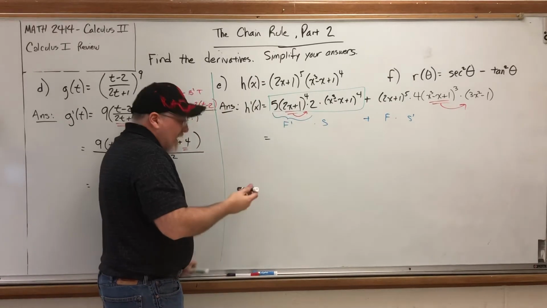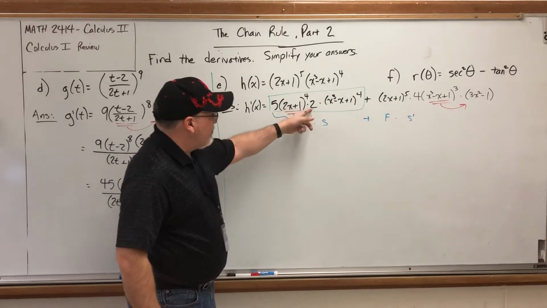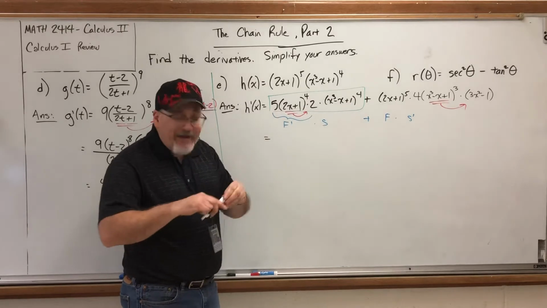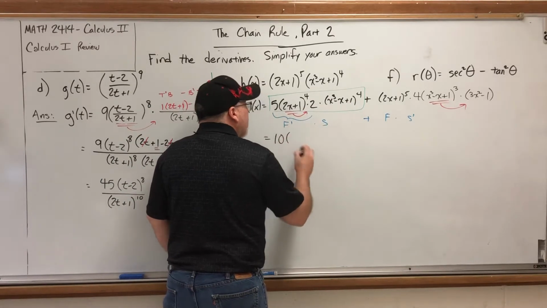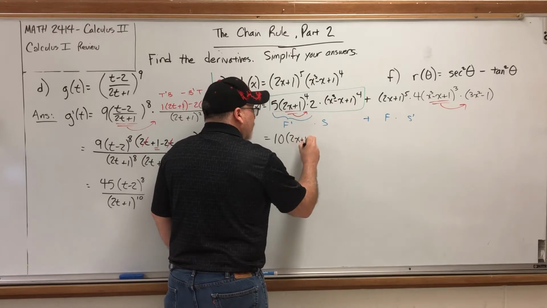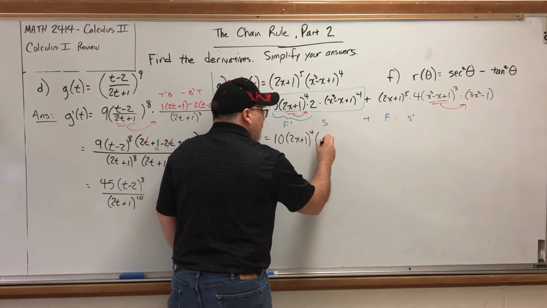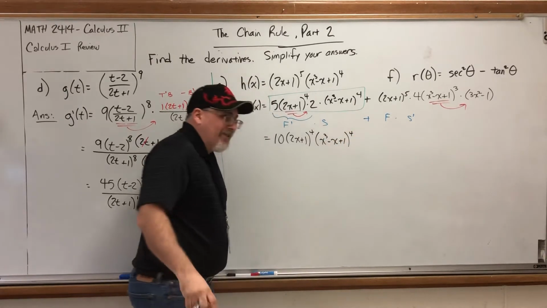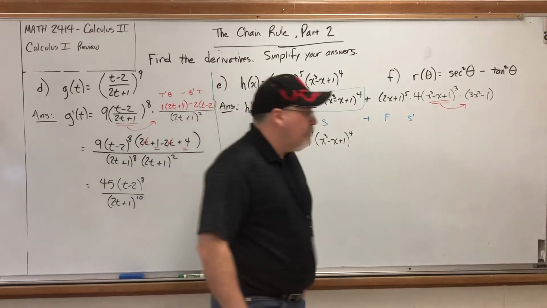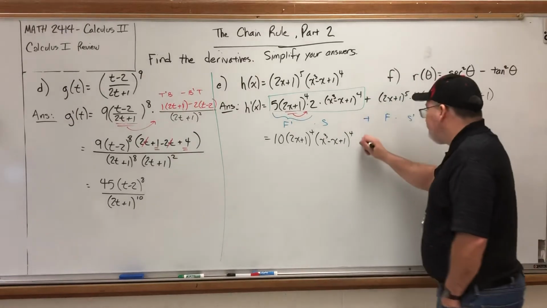I've got 4 factors: this 5, this parentheses, that 2, and that parentheses, and the only 2 factors I can do anything with are the 5 and the 2. 5 times 2, of course, is 10. I can't do anything with the (2x plus 1) to the fourth, and I can't do anything with (x cubed minus x plus 1) to the fourth. Well, I can write them out and multiply them, but I choose not to. You'll see why in a moment.